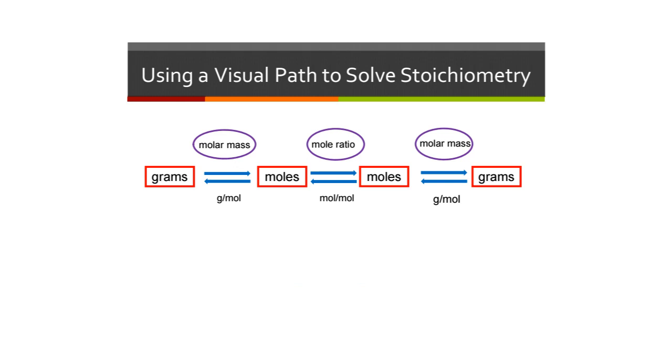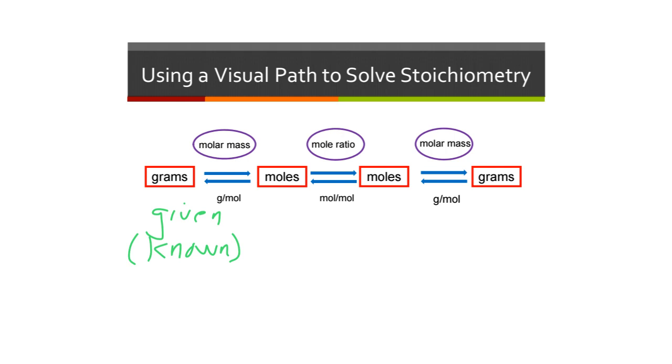We can also represent these steps in a diagram. Here we have the mass in grams of our given, sometimes called a known compound. We convert that into moles using the molar mass of that known, given compound, and then exchange it into the moles of our unknown using our molar ratio.